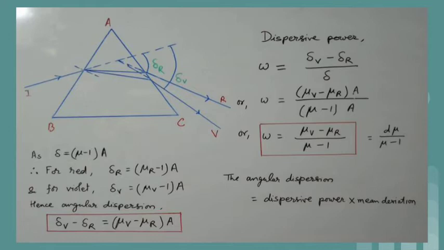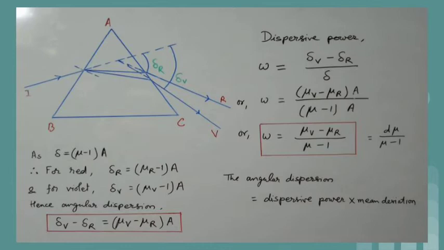As δ is equal to (μ minus 1) times A, therefore for violet, δ_V is equal to (μ_V minus 1) times A, and for red, δ_R is equal to (μ_R minus 1) times A, and hence angular dispersion δ_V minus δ_R is equal to (μ_V minus μ_R) times A. Angular dispersion depends on the angle of the prism and the nature of the material of the prism.